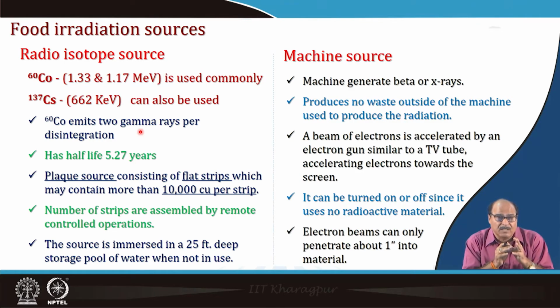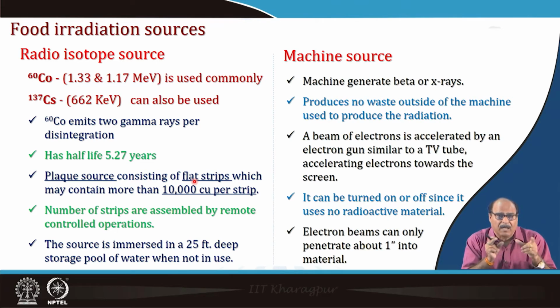However, cesium 137, which emits 662 keV radiation, also has the potential to be used. Cobalt 60 has a half life of 5.27 years. It is produced in plaque sources consisting of flat strips, and each strip can contain more than 10,000 curie or more.